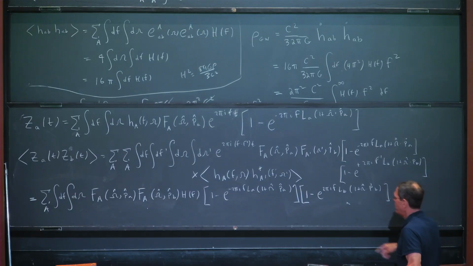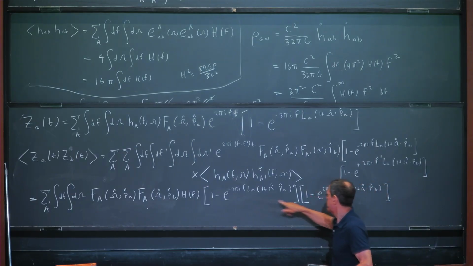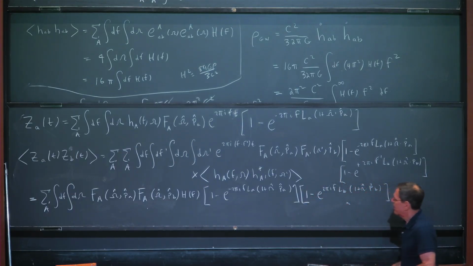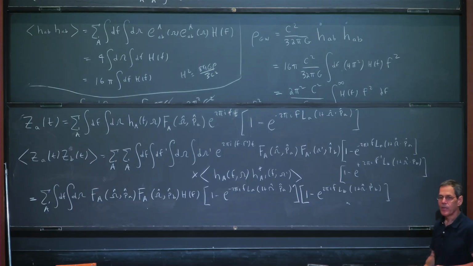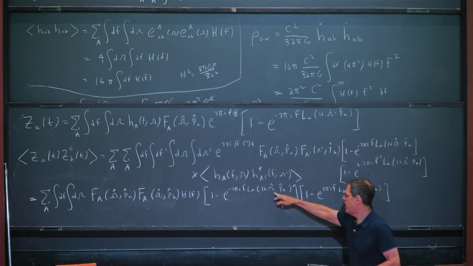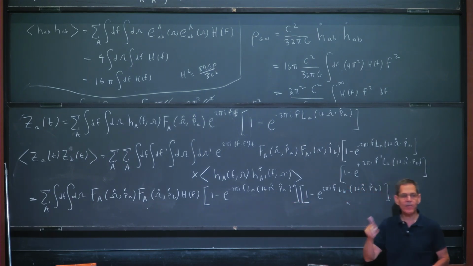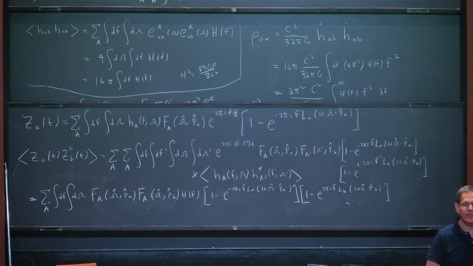Now, what about the product of the two pulsar terms here? The same argument applies to those. There's a very rapidly oscillating function of omega hat that averages away, except for one case of interest. When would that not be true?